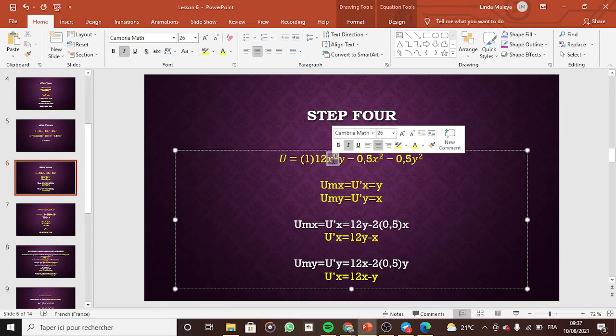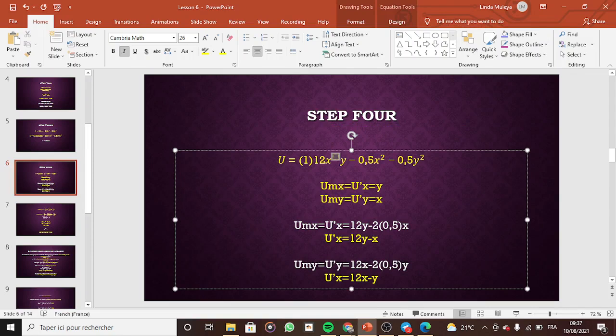Then y minus 0.5 x squared, it will be 2, that square times the base, which is 0.5, then that power will be reduced by 1, which is 2 minus 1.